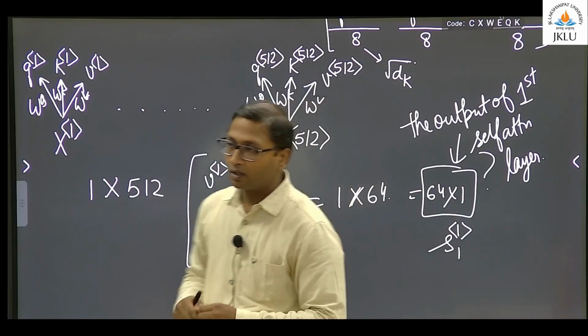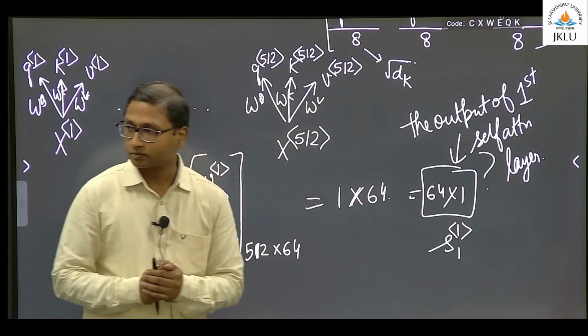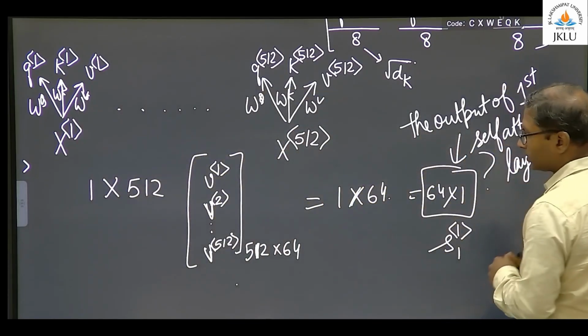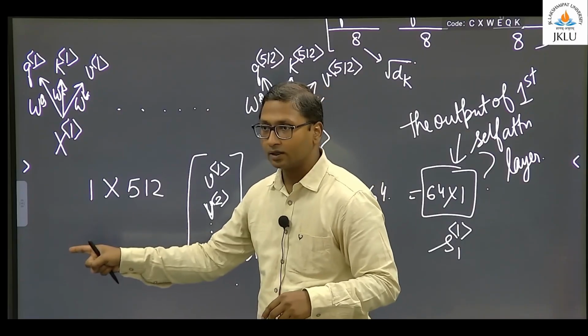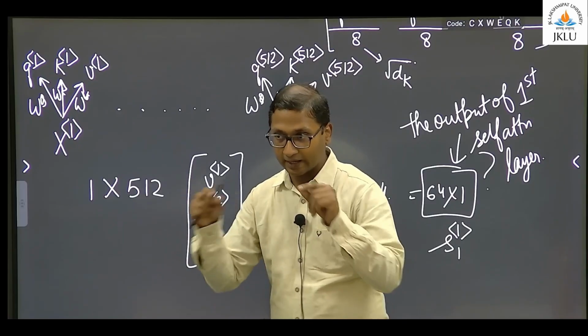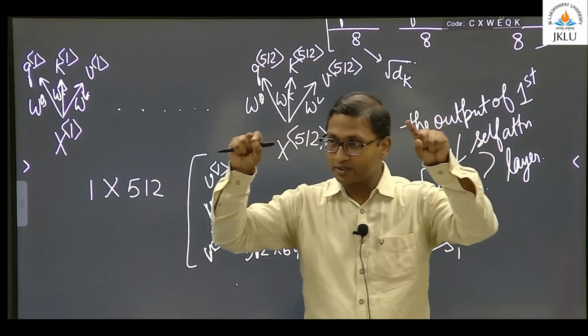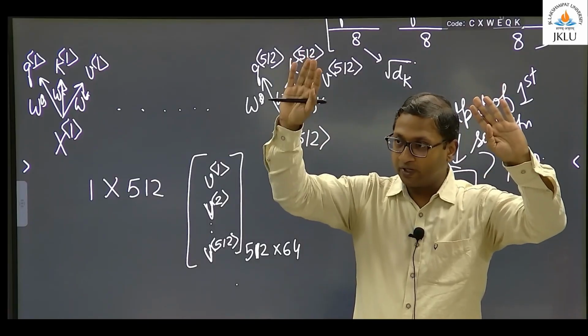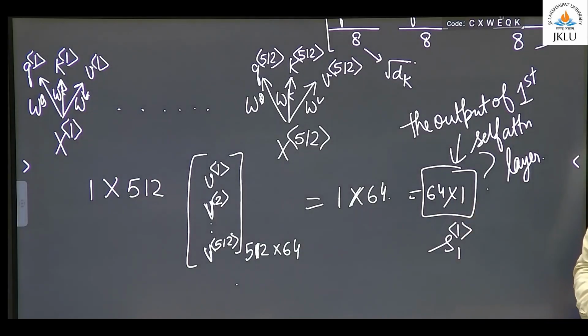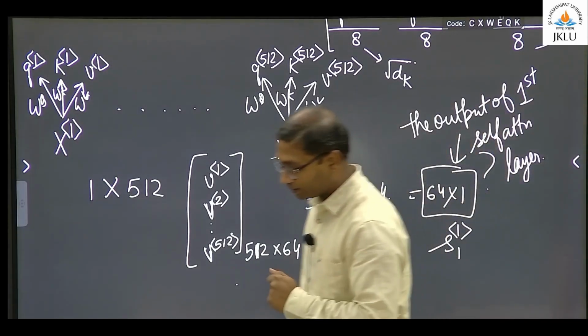Next, what do I do now? There is a problem here if you see. I input 512 as X plus positional encodings. I compute QKV, I do all this self attention, and what I get is 64 cross 1, and this is something I don't like. Why?